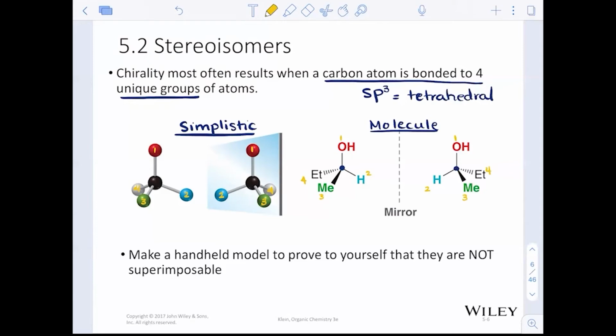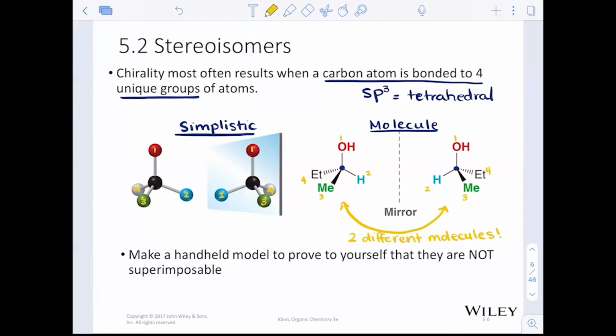Now this molecule is chiral, and these are 2 different molecules. They are stereoisomers. If you try to build this in your molecule kit, you will notice, just like your hands, they are non-superimposable. There's no way to line them up and actually overlay all 4 groups identical onto each other.